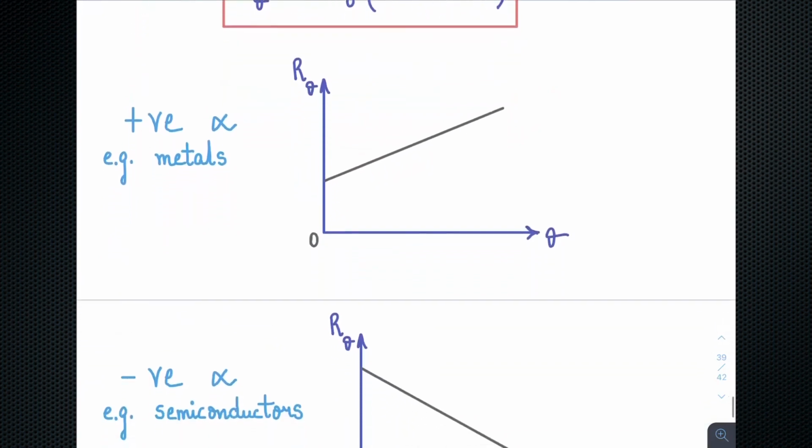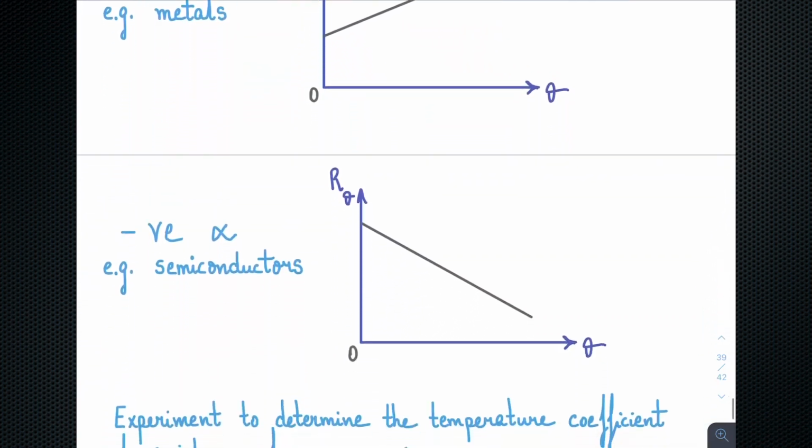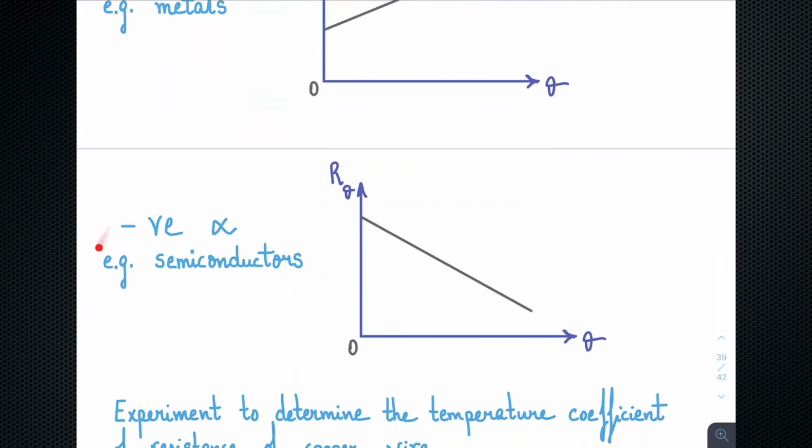On the other hand, other materials can have a negative temperature coefficient of resistance, for instance, semiconductors. And this means that the resistance therefore decreases as the temperature increases.